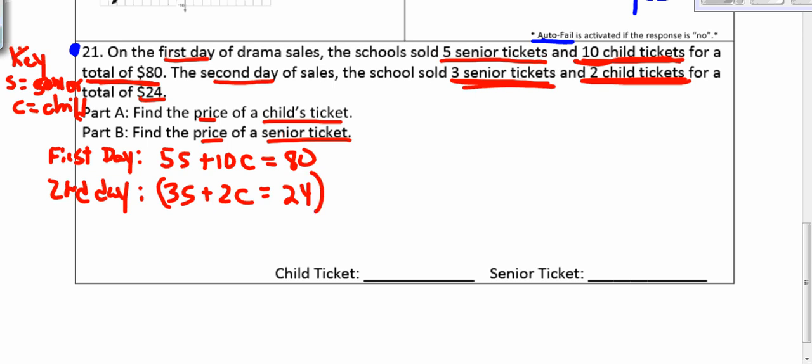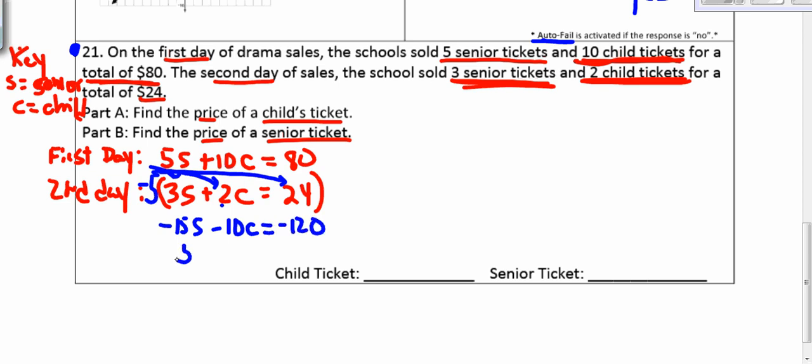All right, so I want to make this 2C a negative 10. So to do that, I have to multiply by negative 5. But I have to do the whole thing. So this becomes negative 15S. Negative 5 times 2 is negative 10C. And negative 5 times 24 is negative 120.